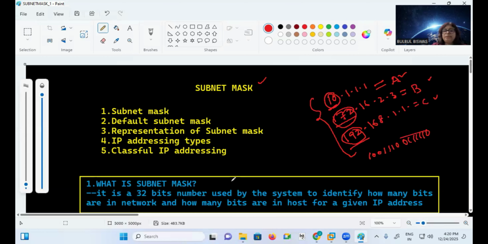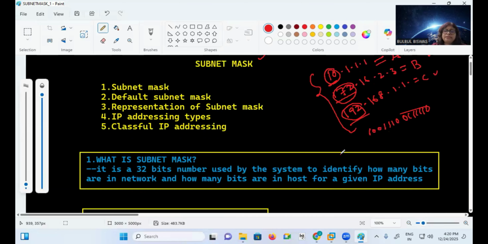Actually, what is the system doing? The system says in place of the network bits, it considers 1, and in case of the host bits, it considers 0. Am I clear? Whenever we give an IP address, what the system does is called masking.